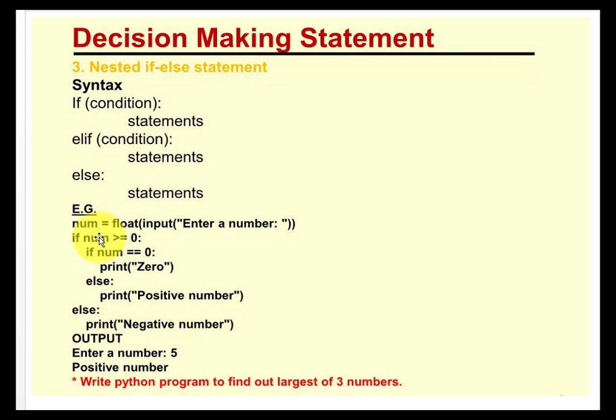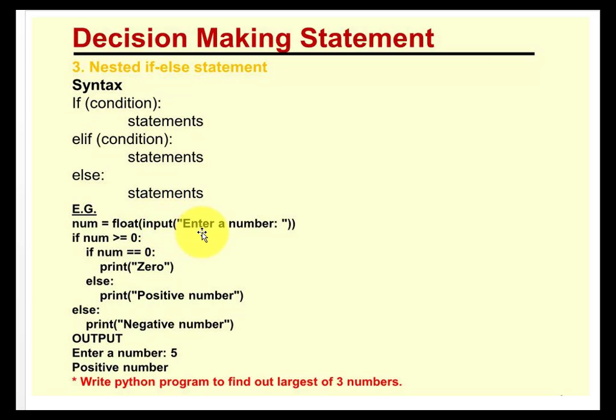According to this program, you see I am taking some input from the user. There is a message, enter a number, and that number is float type, so that's why I wrote float here, and input. Why did I write input?